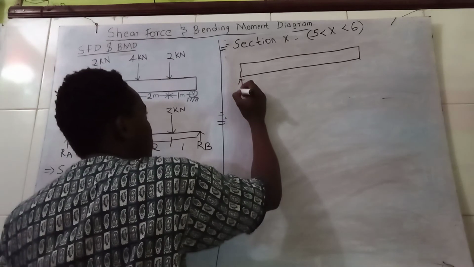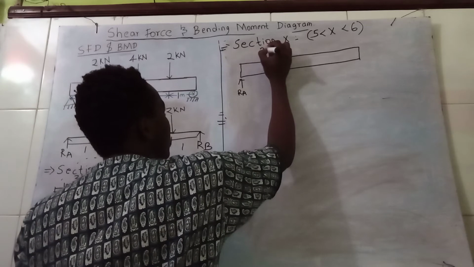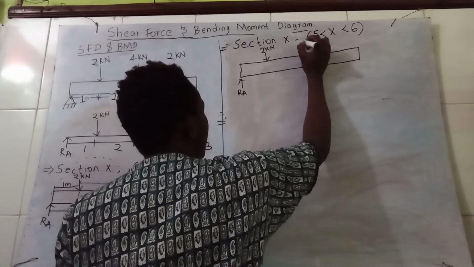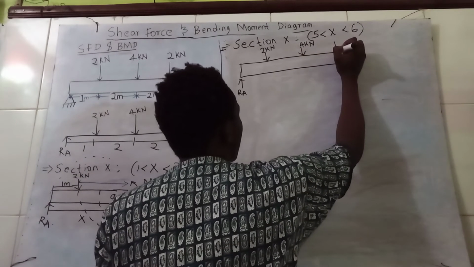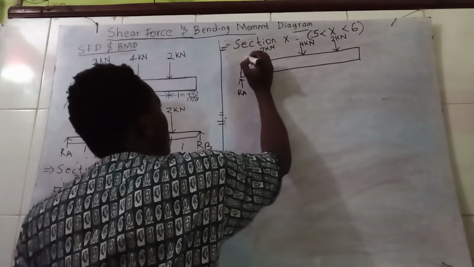So I have a reaction force RA, 2 kilonewtons, 4 kilonewtons, another 2 kilonewtons.